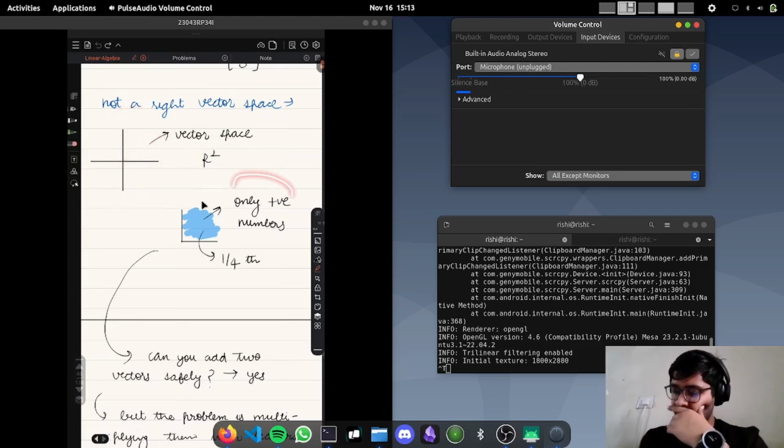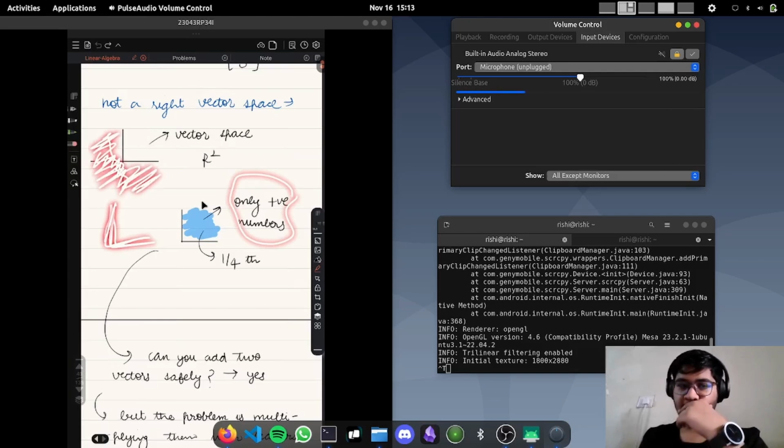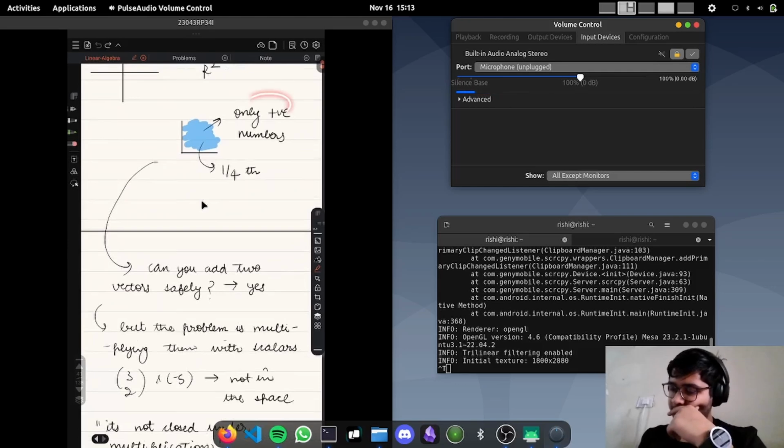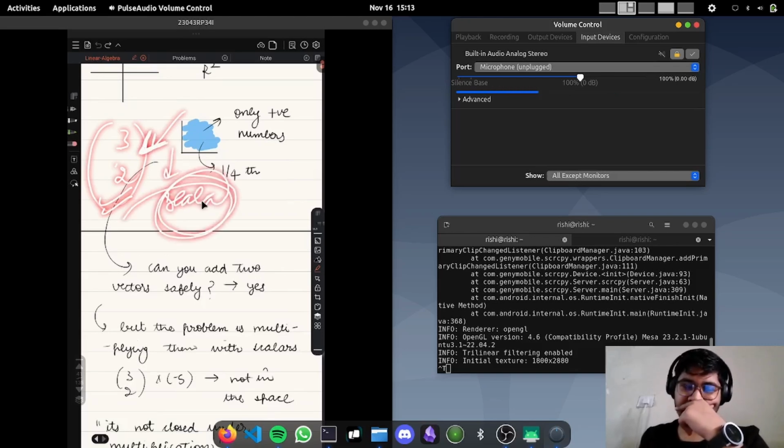Cool, we know this. But let's say we just remove every part in these 3 quadrants and leave this quadrant alone. This is 1/4 of the plane. Okay, we know that. So only positive numbers, let's say. So we have some vector 3, 2 that exists in this space, but what about a scalar product of this vector by any number, or a linear combination of these vectors?